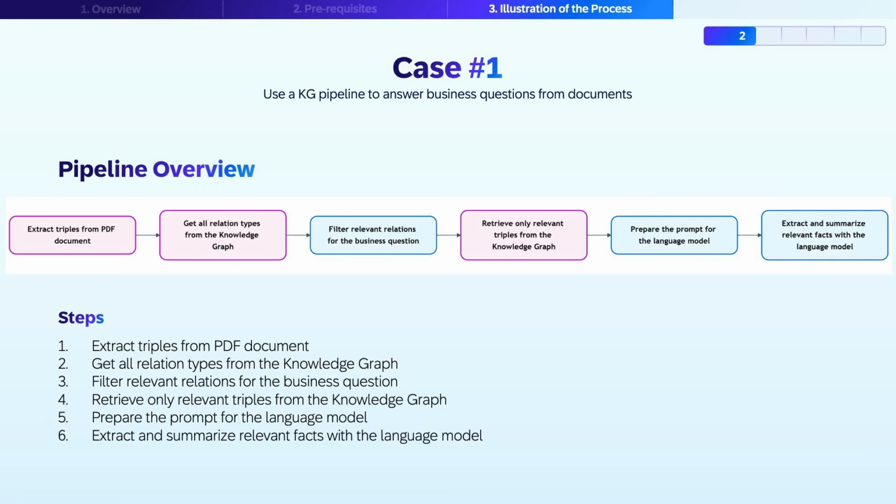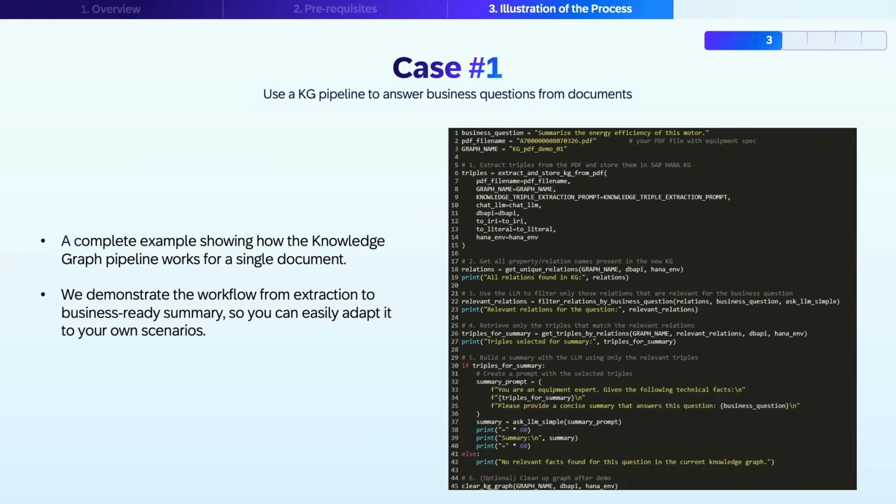This slide represents a complete implementation example of how the knowledge graph query pipeline works for a single document. In this case, a procurement expert receives a PDF containing technical specifications for an individual motor. Instead of manually reviewing the document, the pipeline automates the process from extraction to summarization.